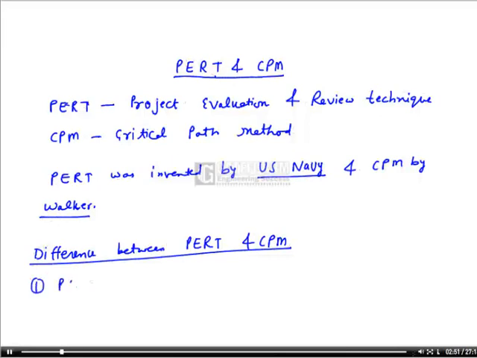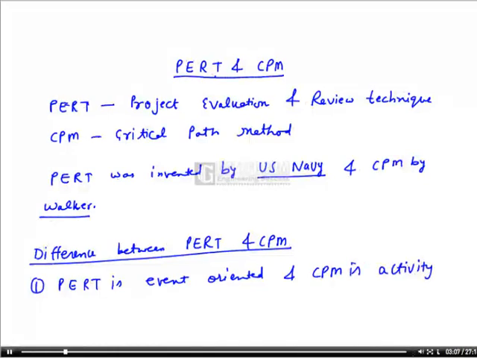So PERT is event oriented and CPM is activity oriented.